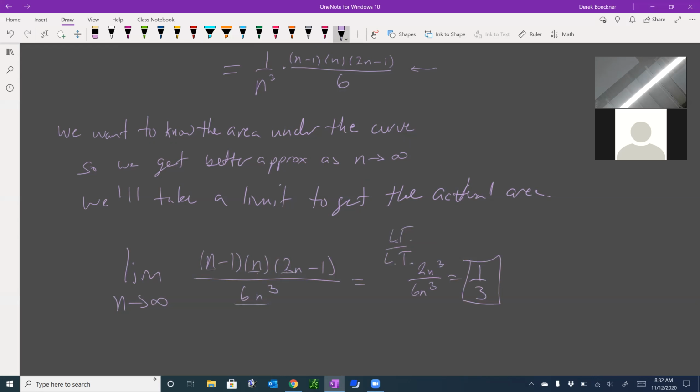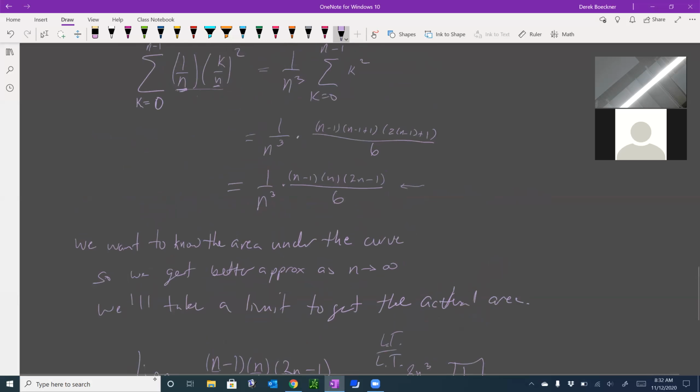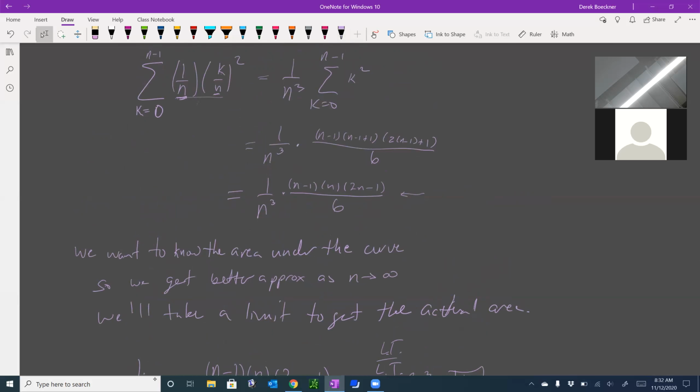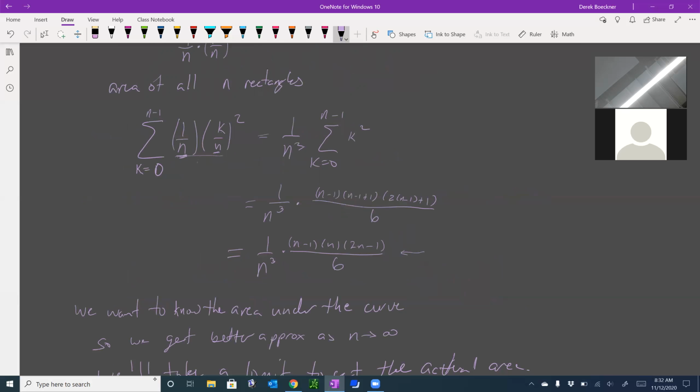Questions on that process? Yeah. How do I know that I can pull this out? Okay. So in my problem, we decided at the very beginning, n was the number of rectangles we were going to use, right? And that number stayed fixed until I decided to take a limit down here.